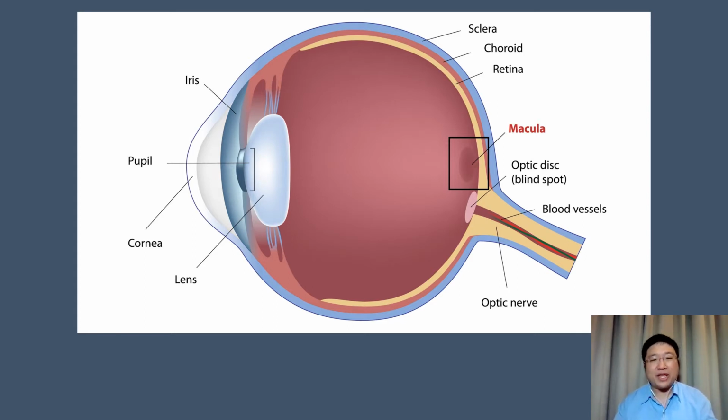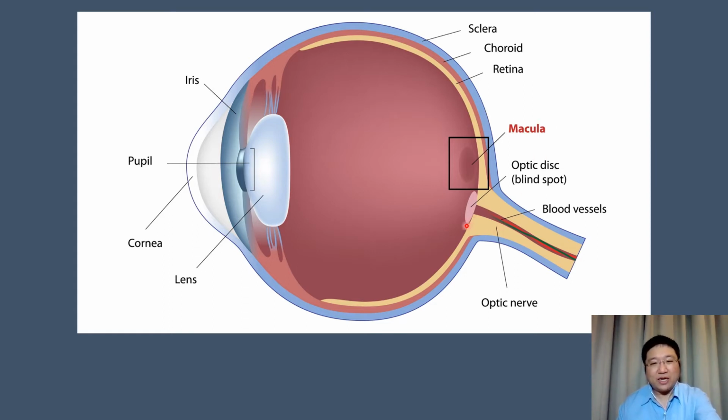Fovea is the place where the picture is the clearest, and the foveola is the place where there are only cones without rods, so the picture is very clear. So macula is an important area, and macular degeneration is the most common cause of untreatable or incorrectable blindness in adults nowadays.